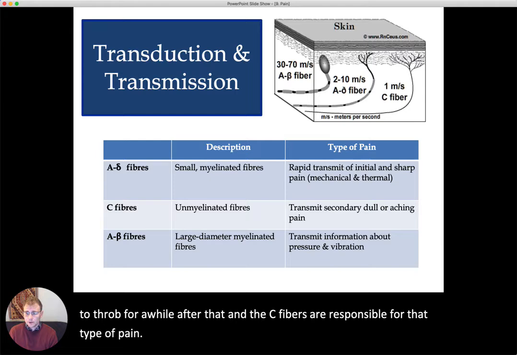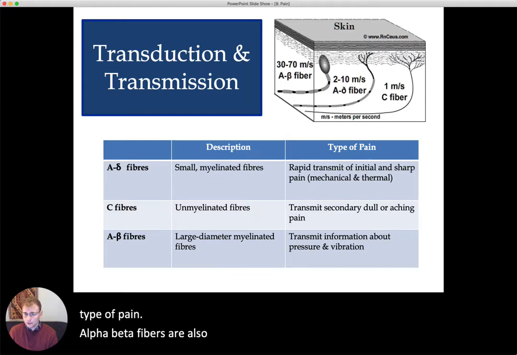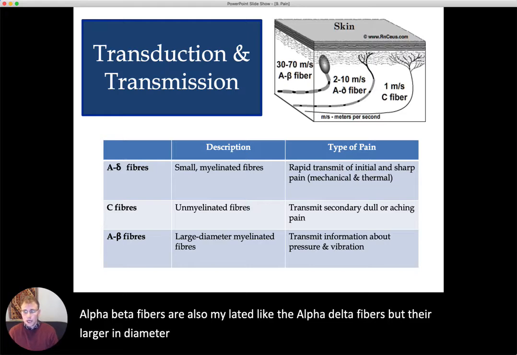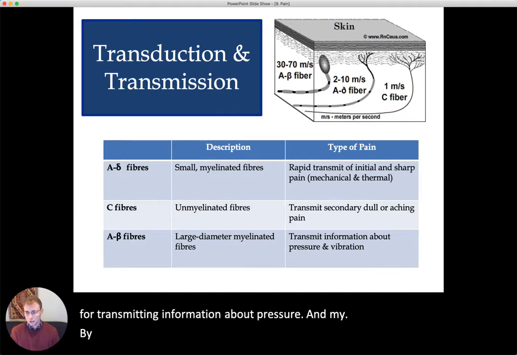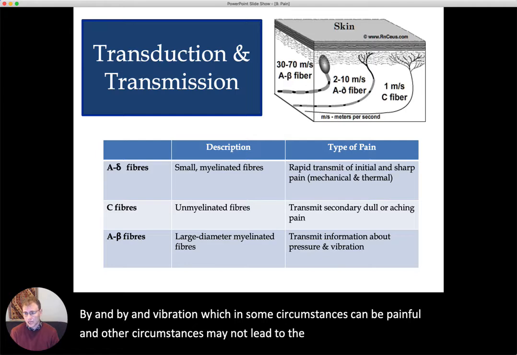Alpha beta fibers are also myelinated like the alpha delta fibers, but they're larger in diameter, so they're a bit slower. And these are responsible for transmitting information about pressure and vibration, which in some circumstances can be painful, and in other circumstances may not lead to the experience of pain, where you can have good types of pressure as well.